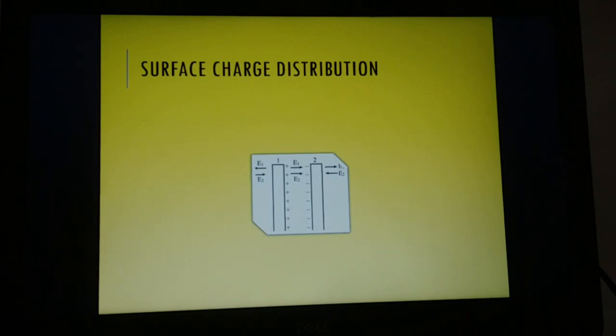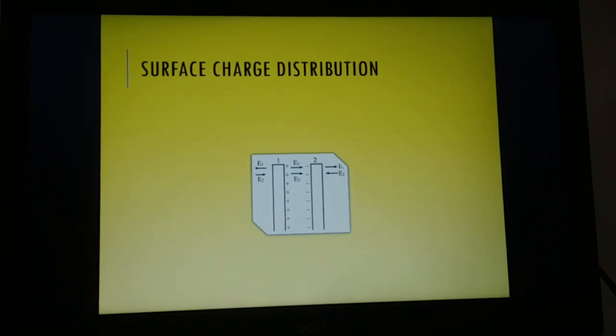Is it okay? So we can see two plates which are providing electric field intensities E1 and E2, and they are marked in the figure with arrow marks. Those arrow marks represent the direction in which those electric fields are acting.